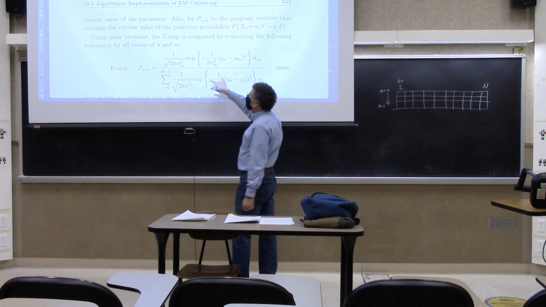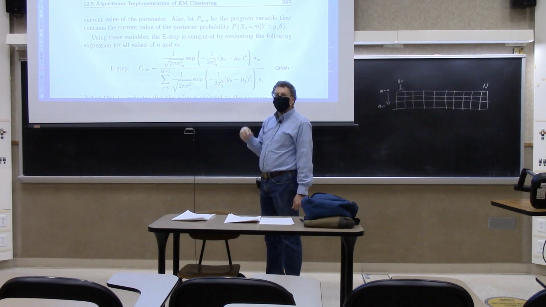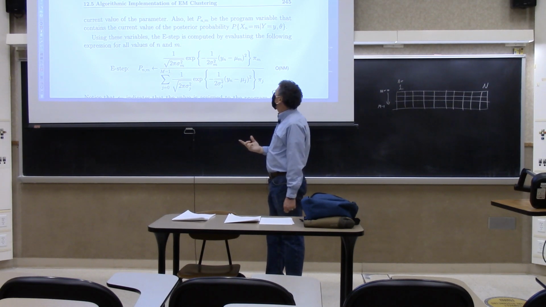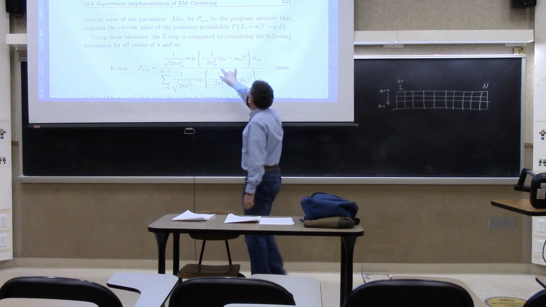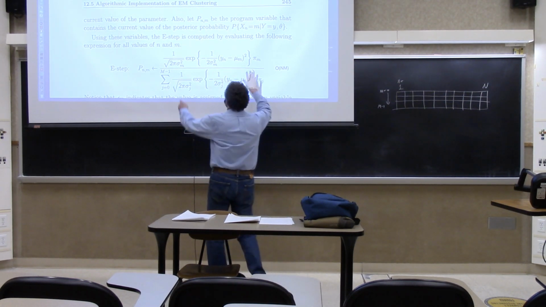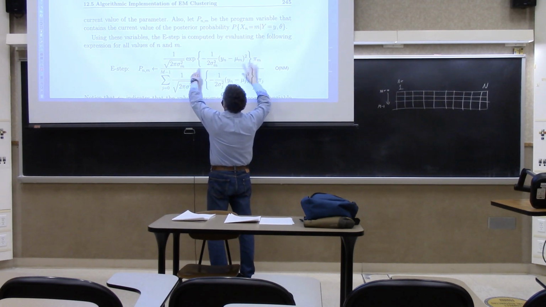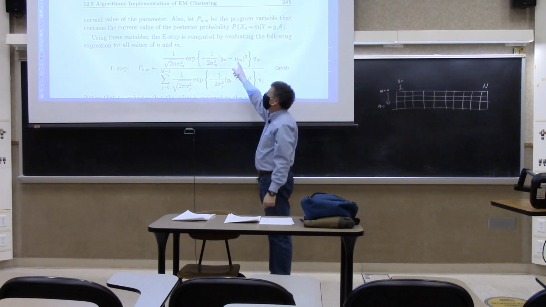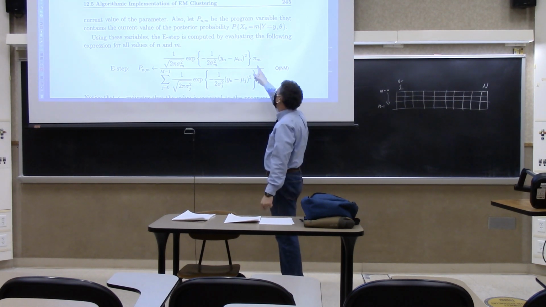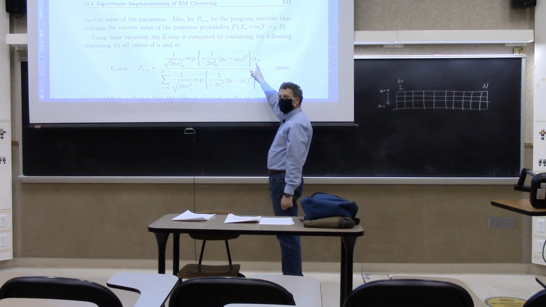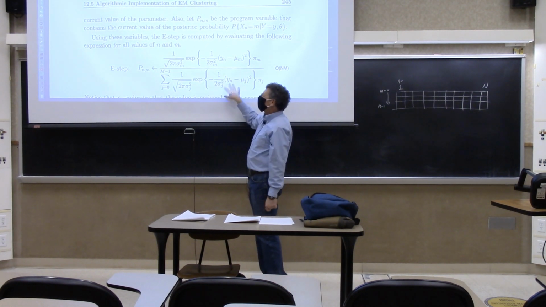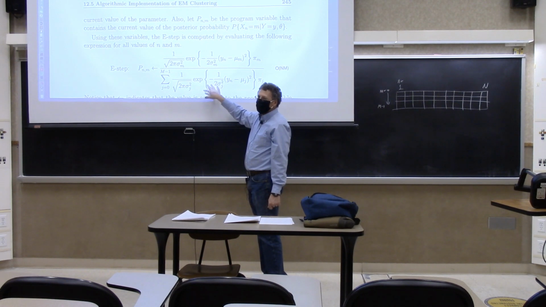The way you do it is you calculate the posterior probability that the sample comes from that class. And that's easy enough to do, because this thing here is the conditional probability of y given the assumption that it's from class m, times the probability that it would come from class m. So this is just Bayes' rule, okay? The thing on the bottom looks complicated, but in some sense it's really simple.